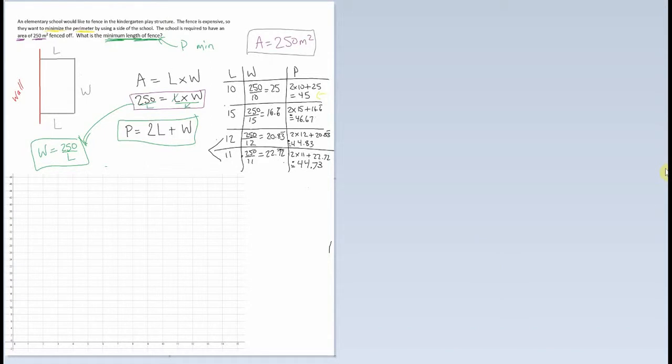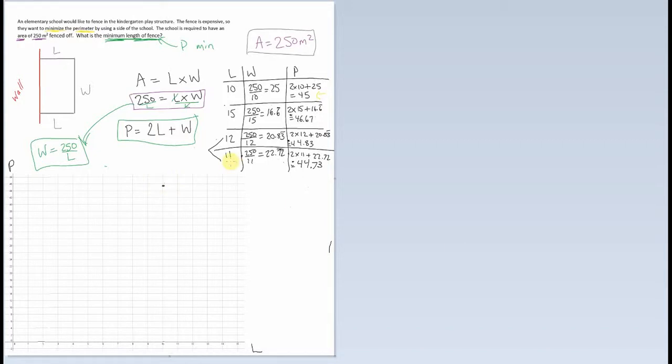So let's plot the length on the x-axis, the horizontal axis, and the perimeter on the vertical axis. Okay, so a length of 10 has a perimeter of 45. So length of 10, perimeter of 45.